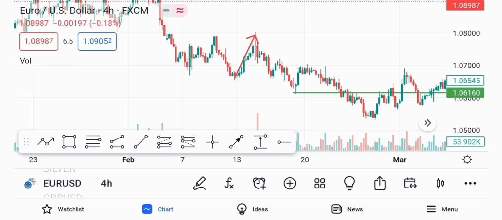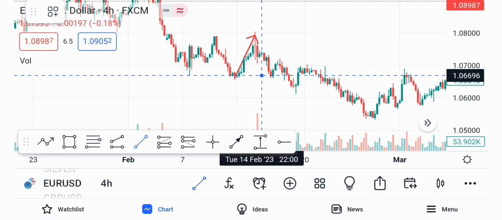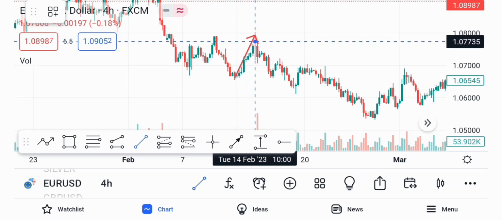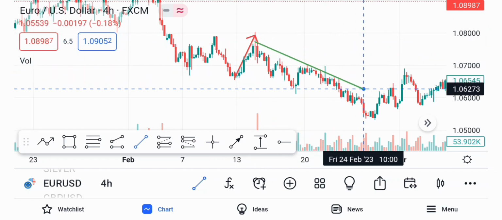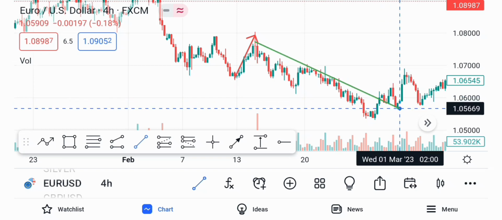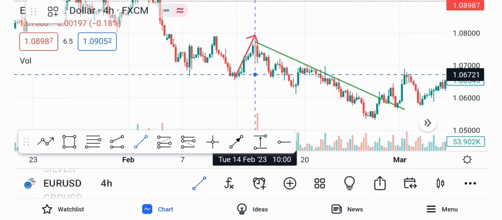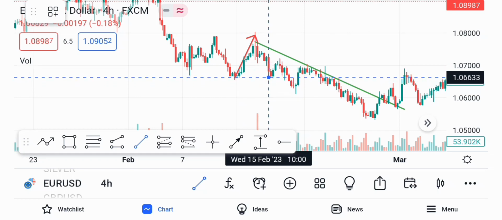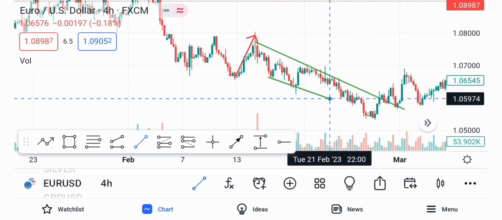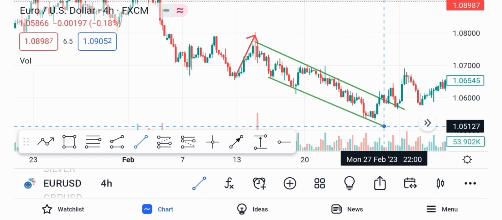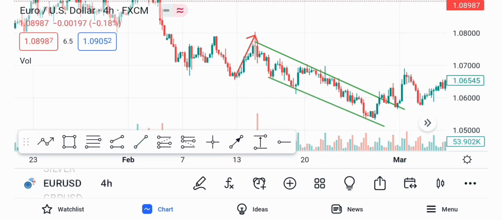And in my other example, let me show you using trend lines. Use our higher lows and our higher highs, lower lows, higher lows and higher highs. So that's our downtrend.